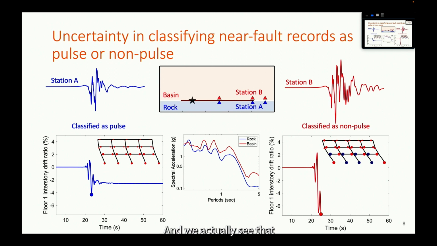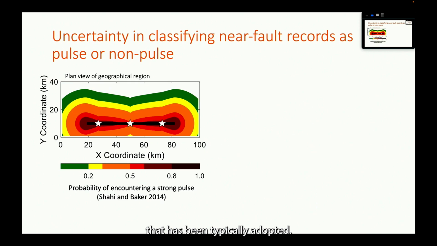And we start to see a pattern of how the effect of the records, as you would expect, is much more tied to their spectral shape, to the shape of their response spectral accelerations, as opposed to this kind of just binary classification that has been typically adopted.